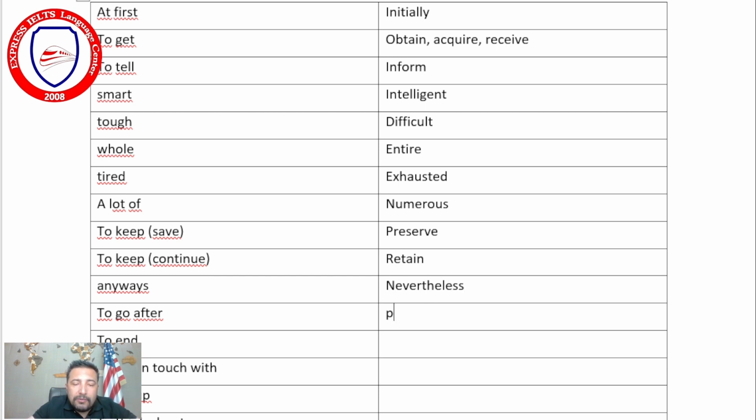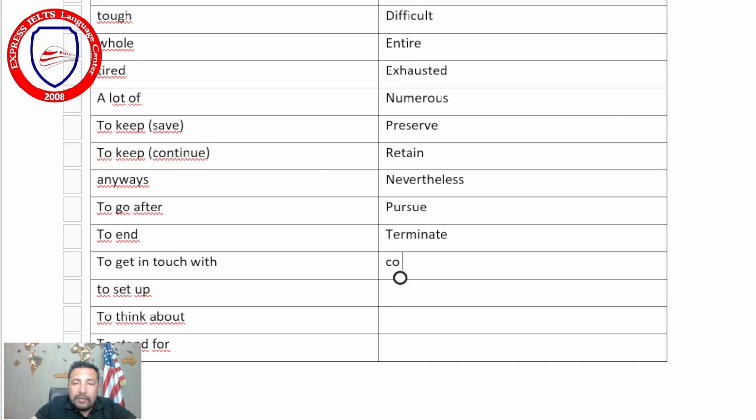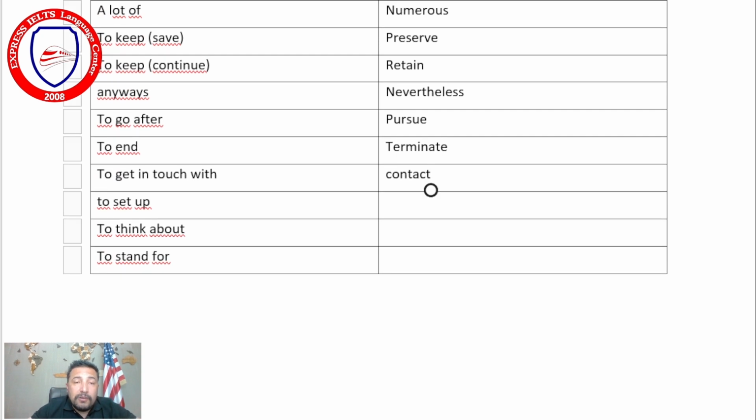Go after, synonym could be pursue. Instead of to end something, it would be better to use terminate. Get in touch with, I think it would be better to use like contact somebody. Instead of set up, it would be better if you use establish. Instead of to think, it would be better to use like consider. To stand for, it means like represent, so if you use this, it would be much better. Okay, thank you for attention.